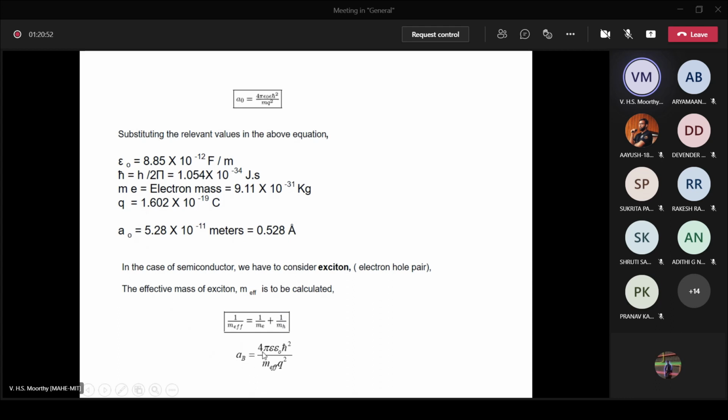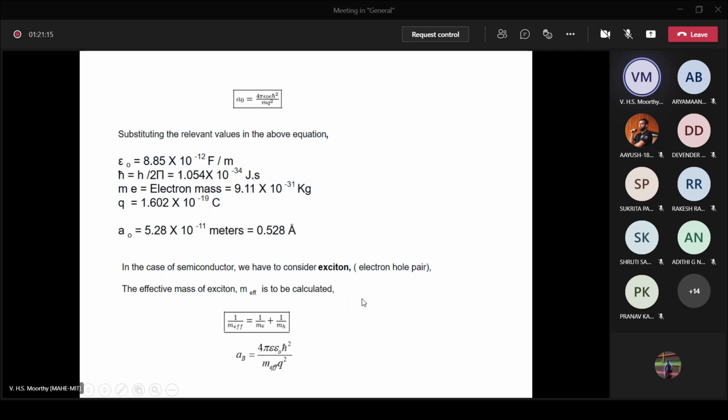So that is 4 pi epsilon 0 epsilon. Why epsilon? Because we are considering the semiconductor, so the semiconductor dielectric constant is epsilon. Epsilon 0 is the permittivity of the medium, which is vacuum, and you know h cross square. Instead of m, we are putting m effective. What is m effective?